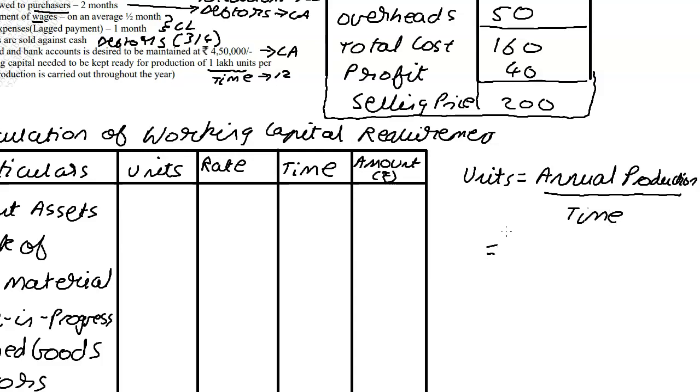And we have 1 lakh as annual production. Here it is, 1 lakh per annum. And time we already decided is 12, so 1 lakh upon 12.